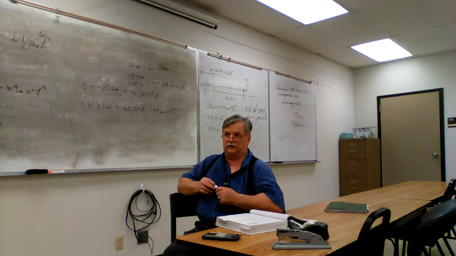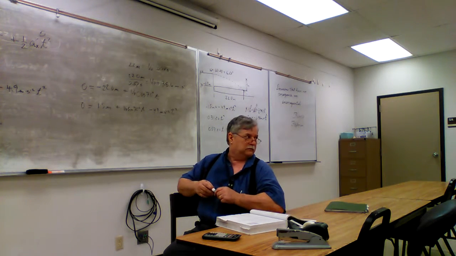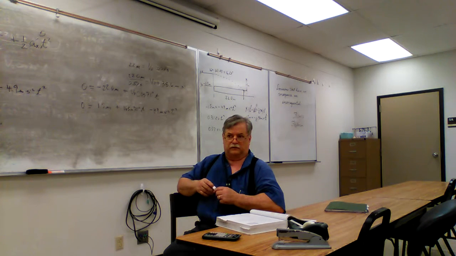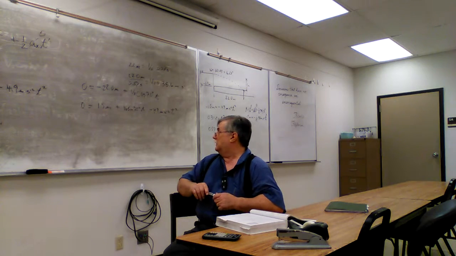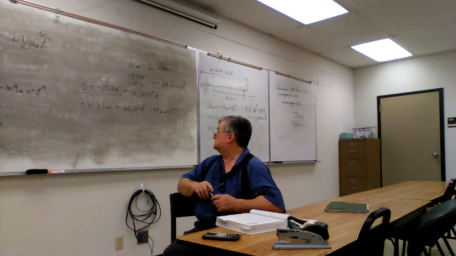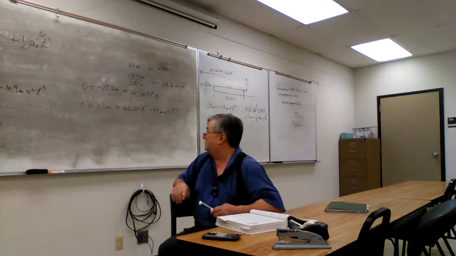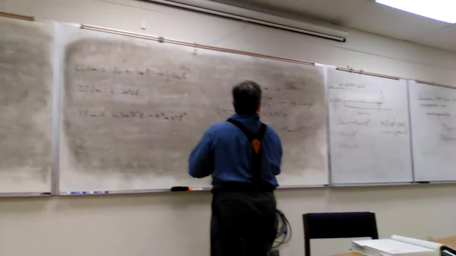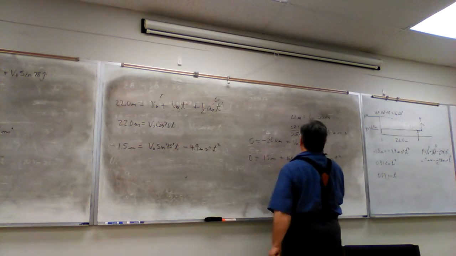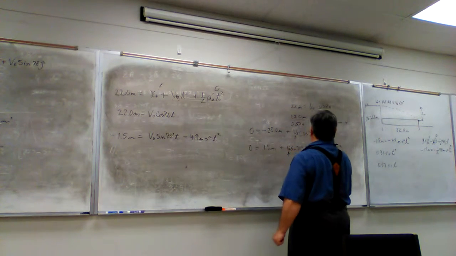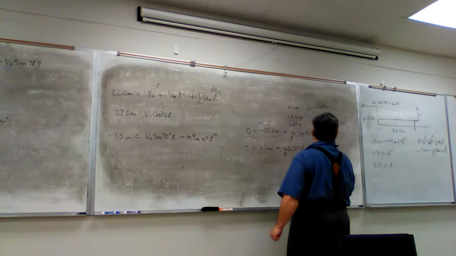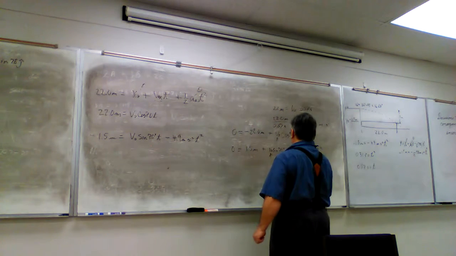We're running out of class time real quick, aren't we? No, that's okay. This looks like it's a good exercise for y'all to ponder. What we have right here, two independent equations with two unknowns, v naught and t.